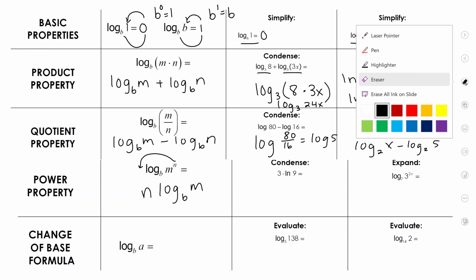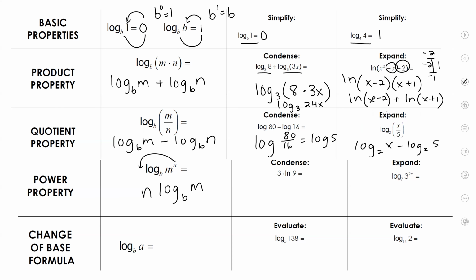Okay, so let's go ahead and condense. When I'm condensing, this 3 coefficient will become the exponent. So this will be ln of 9 cubed. So I know 9 times 9 is 81, times another 9 is what? 729?